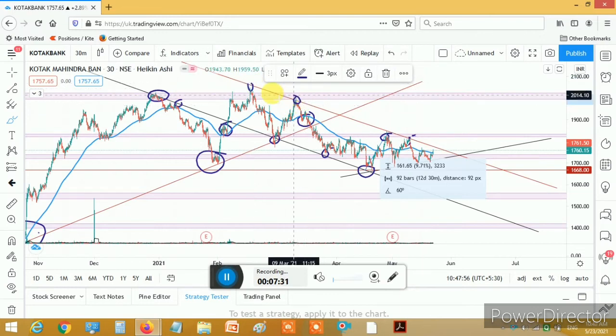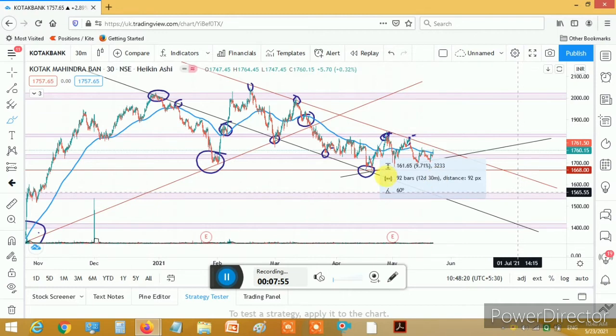This is the second point, where horizontal as well as inclined resistance occurred. Here also we found the same thing, and here also. So this kind of small target can be achieved, around 150 points daily can be possible.